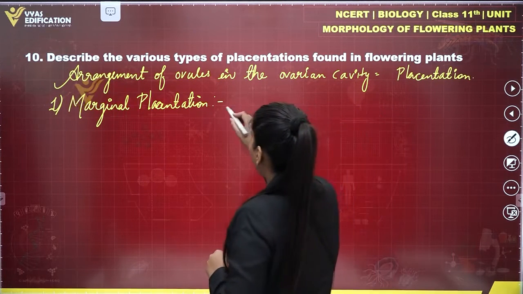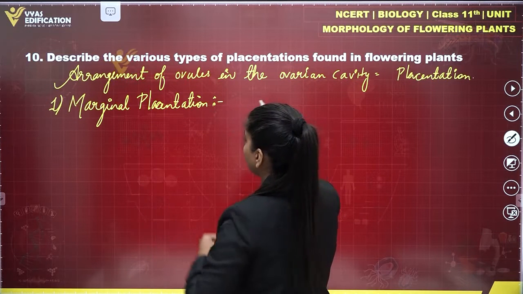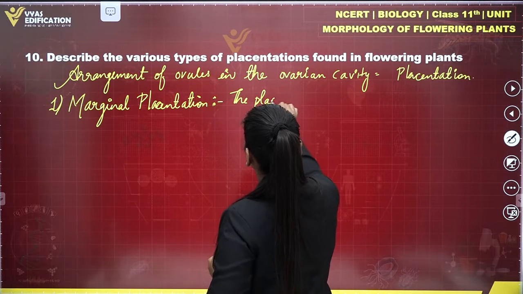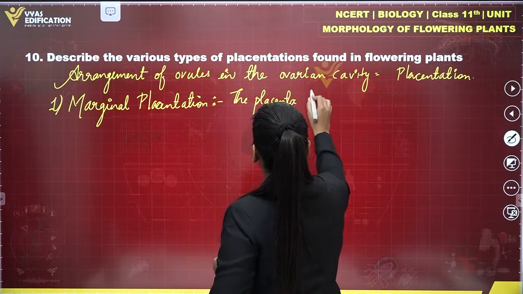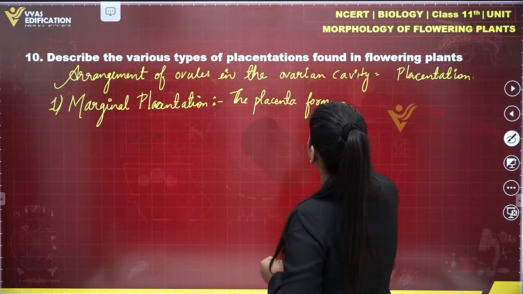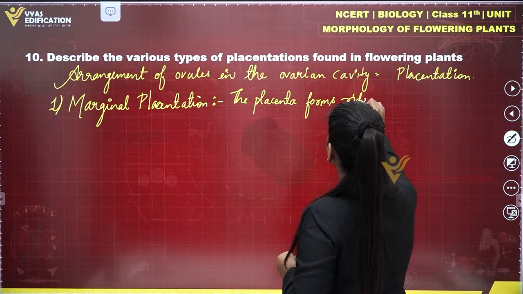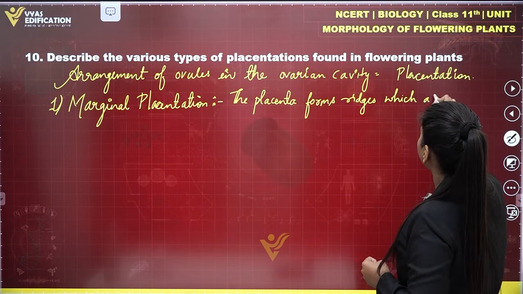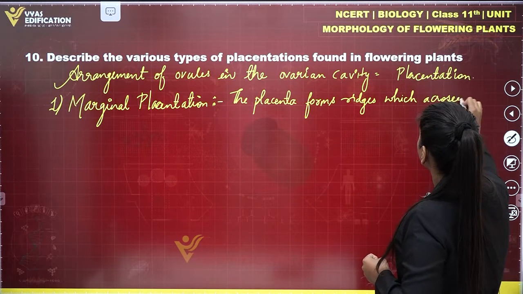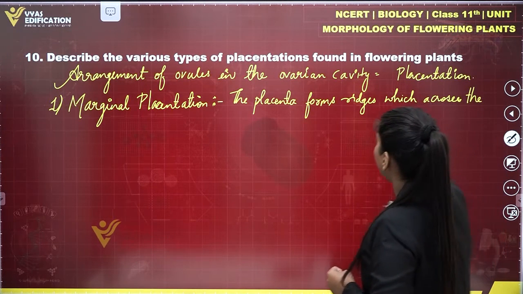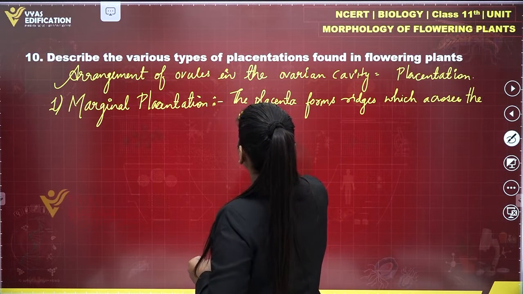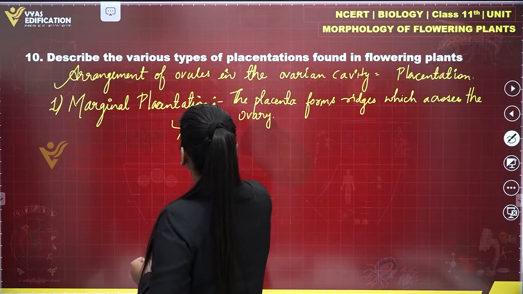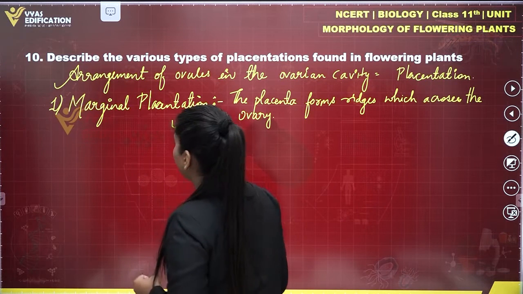First of all, let's write what is marginal placentation. The placenta forms ridges which cross the ovary, and we have an example for this, which is pea.